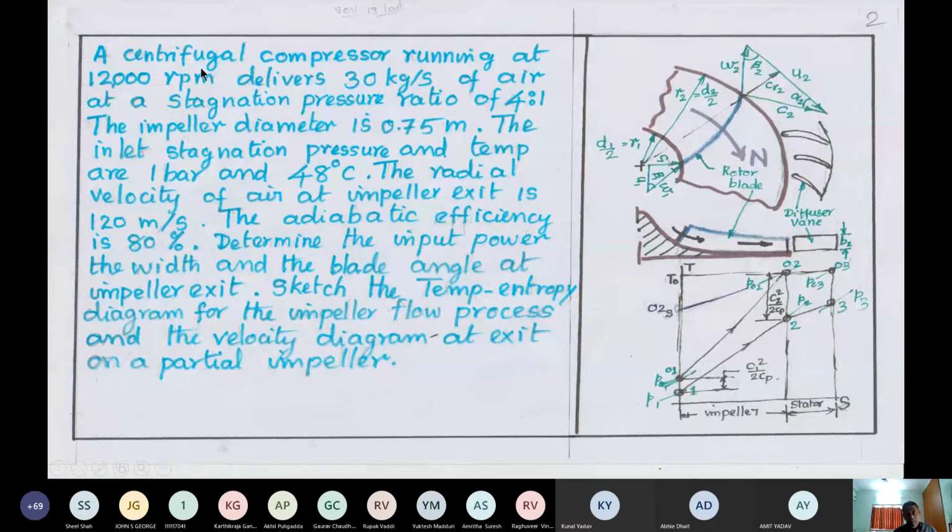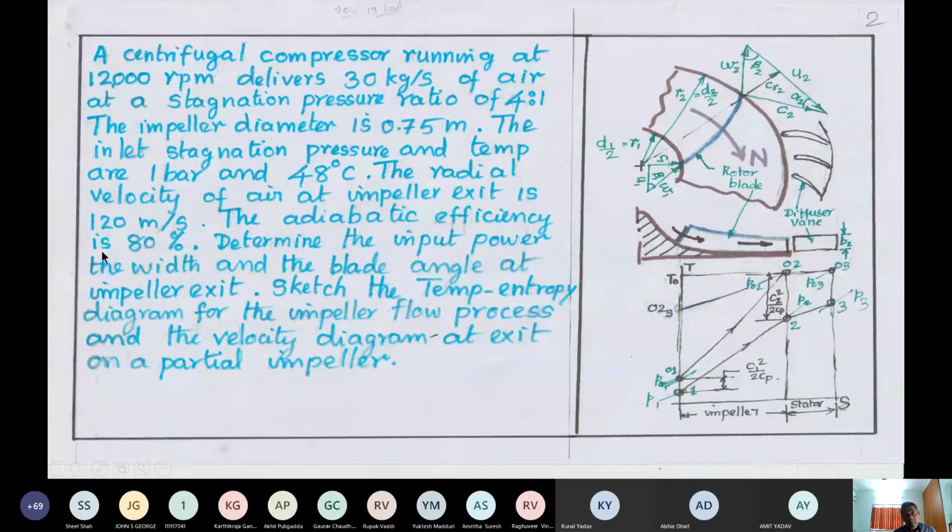Okay, 12,000 RPM delivers 30 kg per second of air at a stagnation pressure ratio of 4:1. The impeller diameter is 0.75 meters, 75 centimeters. The inlet stagnation pressure and temperature are 1 bar and 48 degrees centigrade. The radial velocity of air at impeller exit is 120 meters per second. See, we are used to 3 or 4 meters per second in centrifugal pumps.